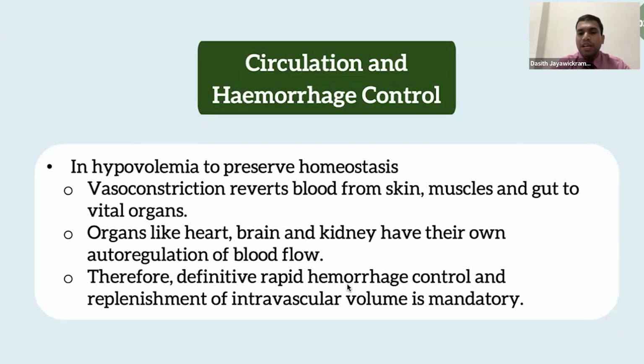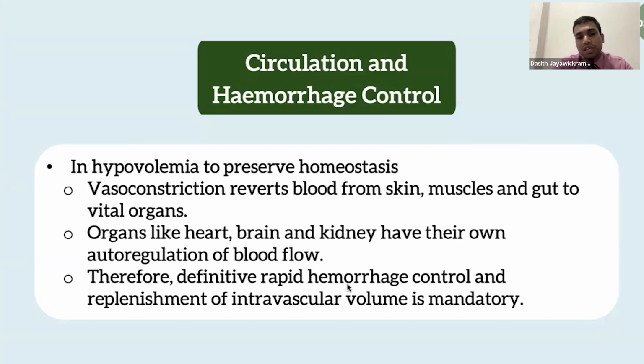Organs like the heart, brain, and kidney have their own auto-regulation of blood flow. Despite changes in blood pressure, they also have their homeostasis, where they try to maintain their blood flow by different methods. You don't need to go into detail on how, but there's a concept called auto-regulation of blood flow.